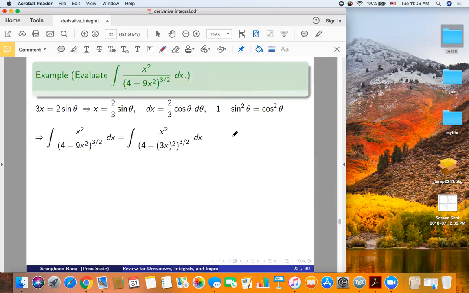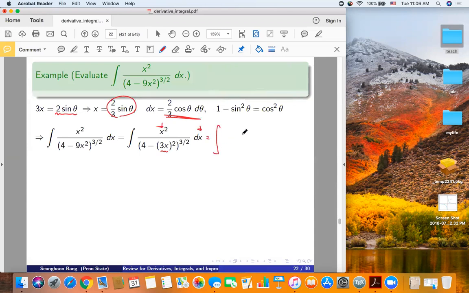How can we change it? You change x squared over 4 minus 9x squared to the 3 over 2. You plug 2/3 sine theta in for x, 2 sine theta in for 3x, and 2/3 cosine theta d theta in for dx.